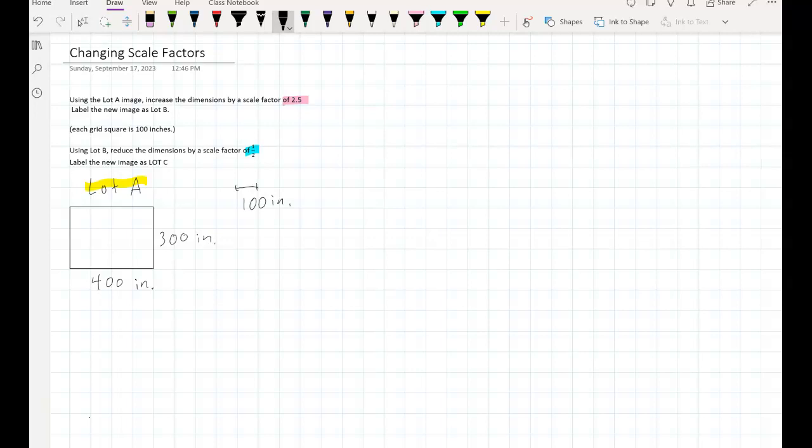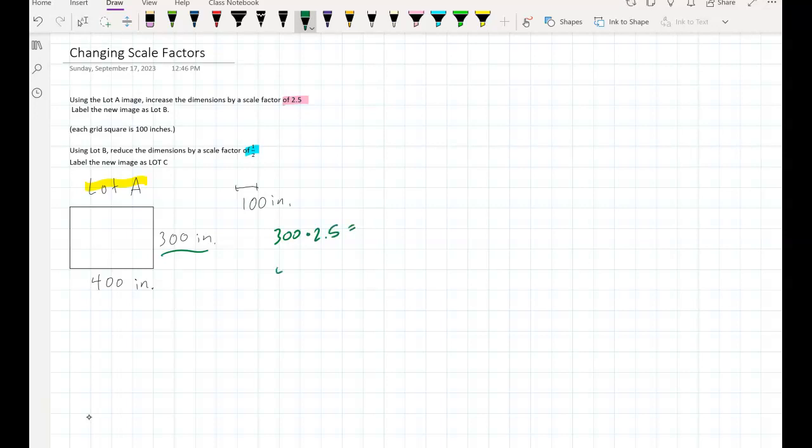Okay, so if we set this up properly, let's take a look first at our first dimension, 300 inches. And we're going to change that by a scale factor of 2.5. So 300 times 2.5 is how much?